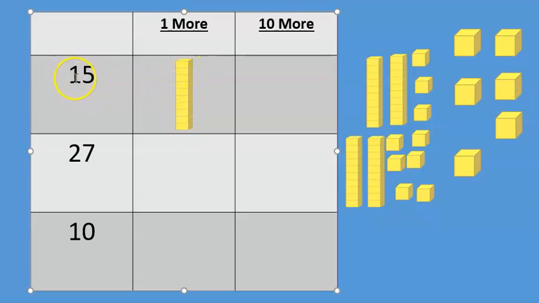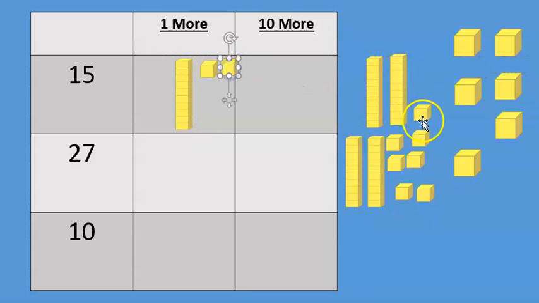Now we're done with that 1 there, but look here, there's a number behind here. What number is this? 5. So now, we're going to have to get 5 cubes, these single ones, and move them in here. Watch Mr. Begay, watch. 1, 2, 3, 4, 5.